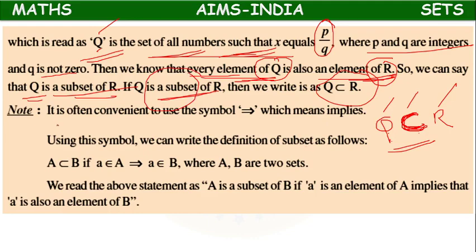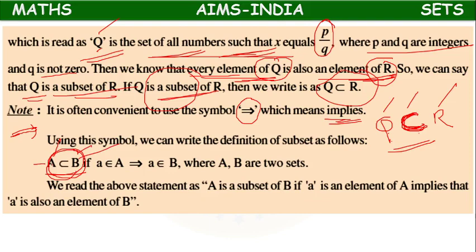Here sometimes we make use of this symbol, two lines with an arrow mark, called implies. Suppose A is a subset of B, what does it mean? A is a smaller set, B is a bigger set.